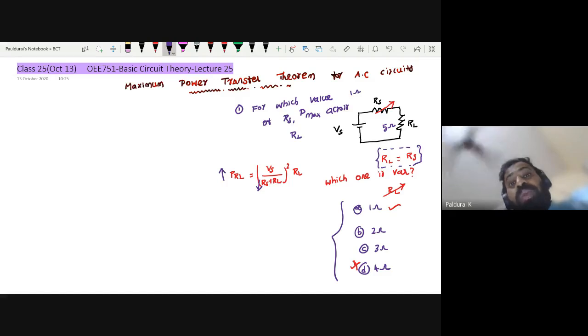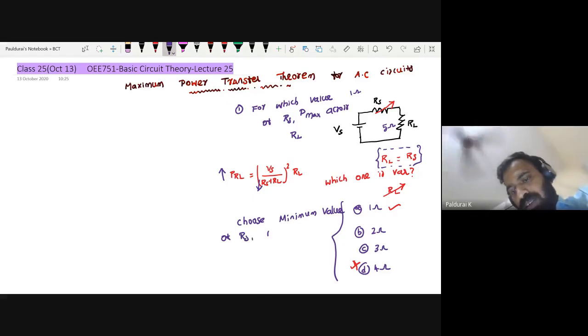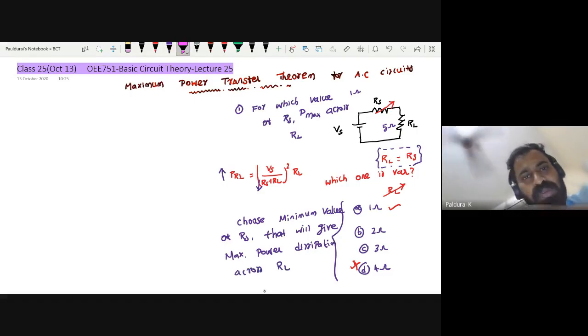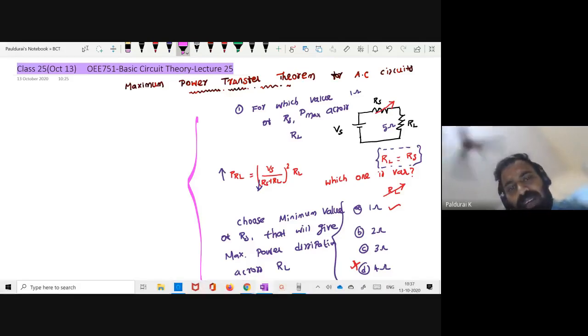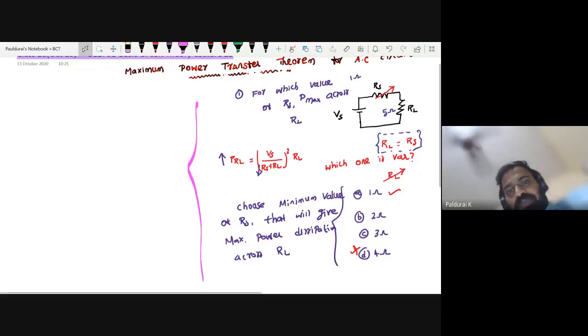Choose the minimum value of RS, which will give maximum power dissipation across the load. This concept is very, very important and quite interesting. Got my point?